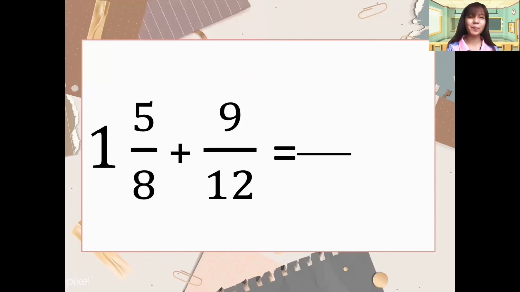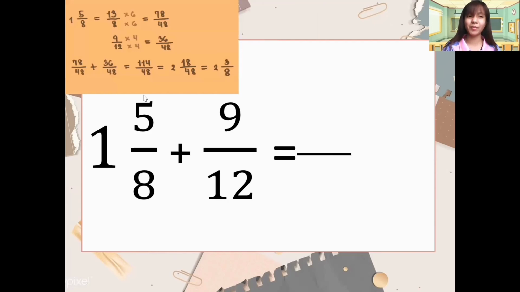Okay, next. We have here 1 and 5 over 8. So we have now a different given number. It's a mixed number and then the fraction. Now, first thing to do is to make this mixed number to an improper fraction.